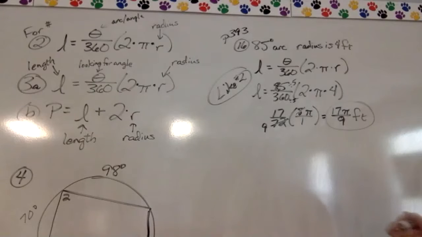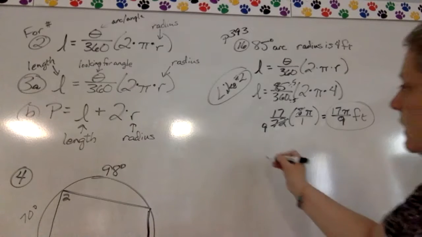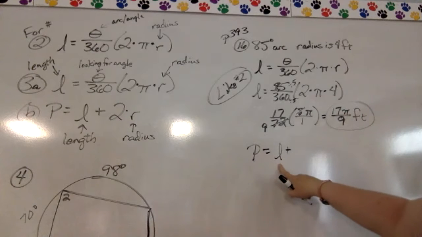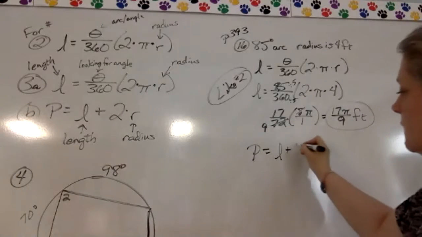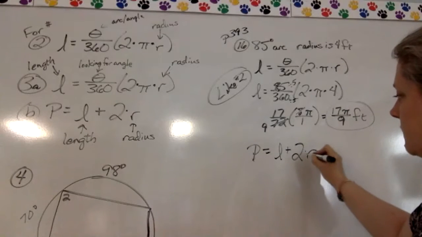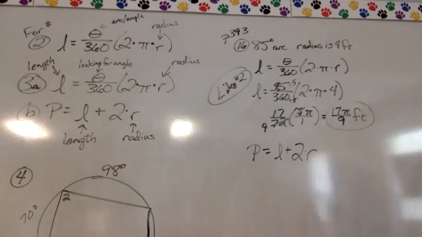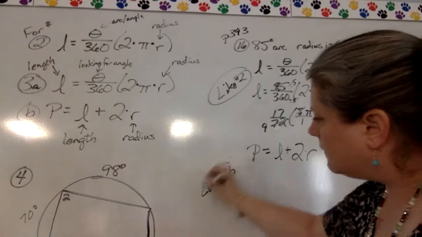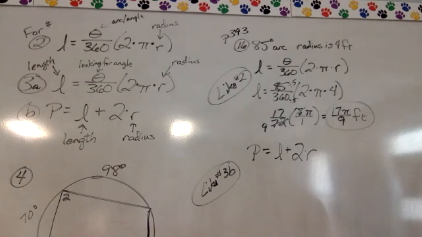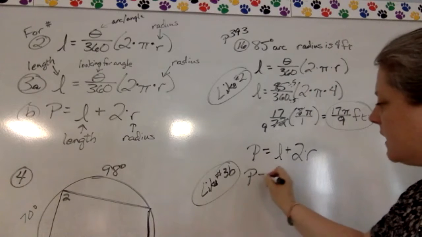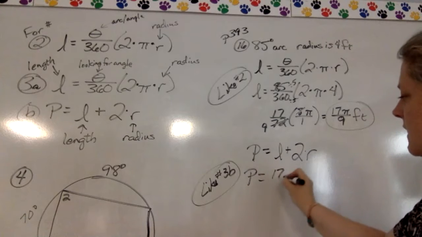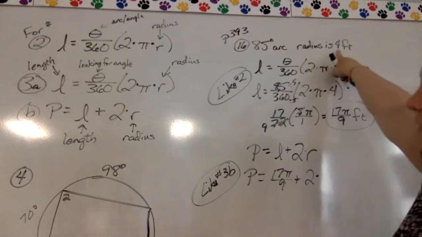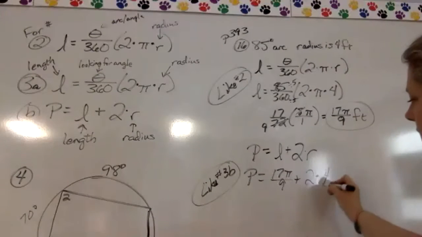Now, the next thing it wanted was the perimeter. Perimeter is equal to the length of the arc, which we just found, and 2 times the radius added together. This part's like 3b, finding the perimeter. My perimeter is equal to my arc length, 17 pi over 9, plus 2 times my radius, which was 4.